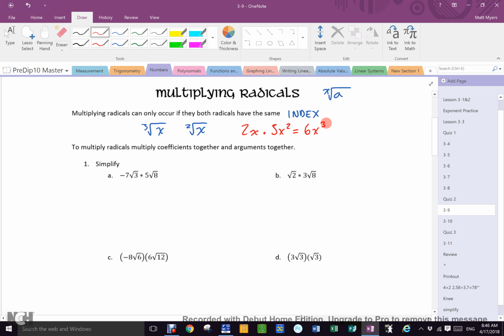Why? What did you do to get that? Multiply 2 and 3, and then because the variables have... You multiplied the coefficients, and then you multiplied the variables, right? Okay. So in radicals, as long as they have the same index, you follow the same pattern.